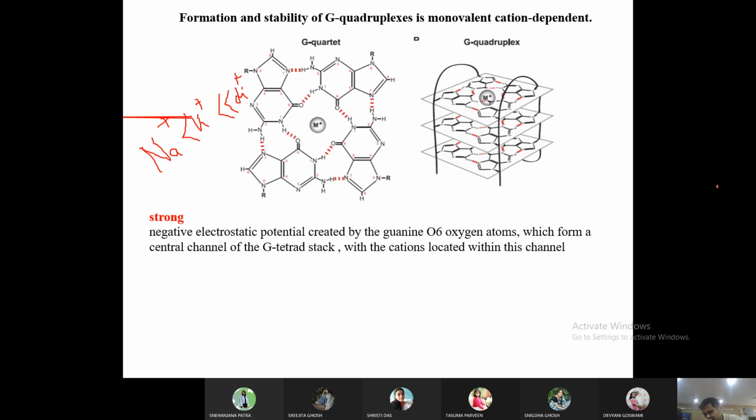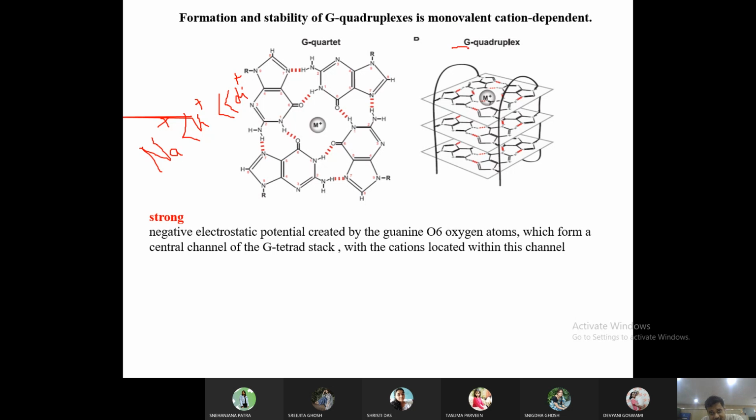A covalent bond is very strong, but if you don't want to make a covalent bond, that is, your bond is non-covalent in nature, you can take it out very easily, but you want strength also. In that case, your answer should be an ionic bond, and this enormous stability is required to form this kind of quadruplex.